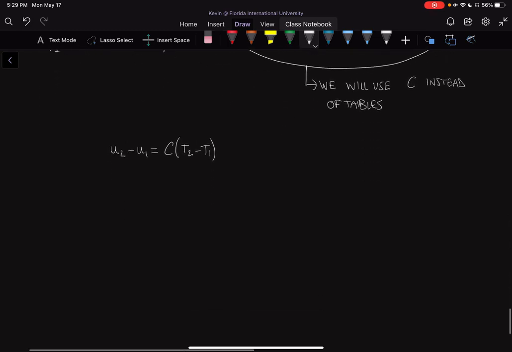So we can say that delta U is equal to 0, which is equal to mass of iron, Mi, times C times T2 minus T1 of iron, plus the mass of the water multiplied by C times T2 minus T1 of water.